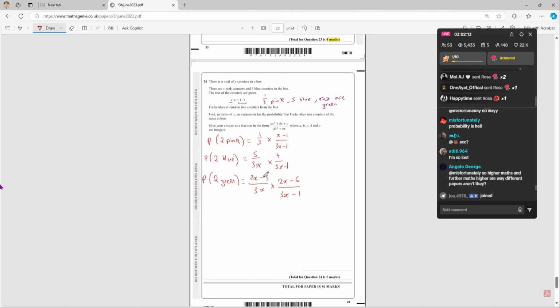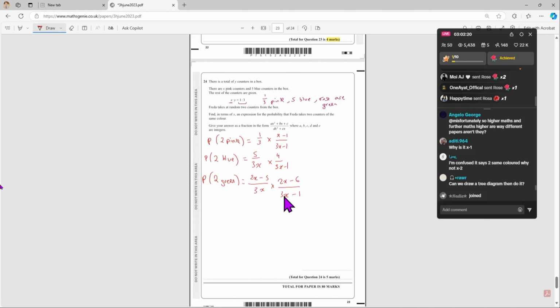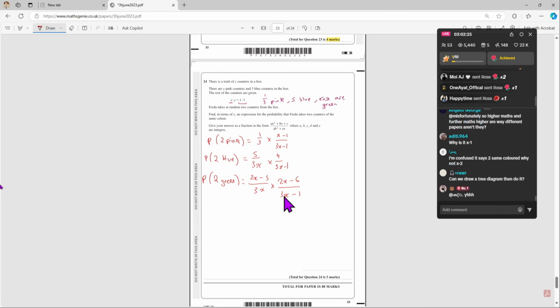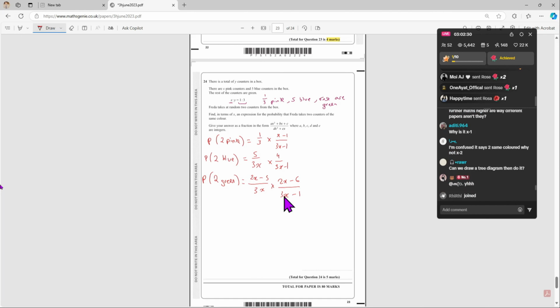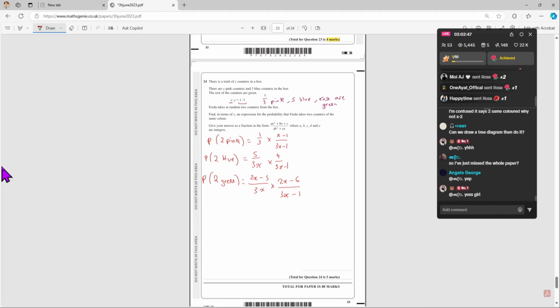So for the people that are confused, we are basically finding the probability, in algebra, of 2 pinks, 2 blues, and 2 greens. You can also draw a probability tree diagram if you want, but the probabilities are going to be algebraic expressions, so it might be more difficult. If you like a frequency diagram, that will be alright. You can draw a diagram if you want.